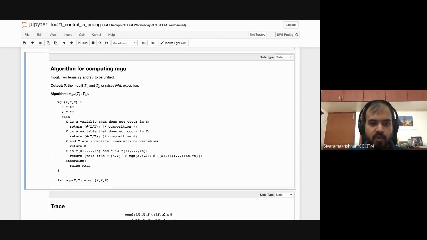So if x and y happen to be two compound terms with the same top function symbol and the same arity, then what you do is you fold over a list of pairs of x and y. Bear with me, just look at it. We'll go through an example to make this clear. The idea is that you take x1, y1, x2, y2, x3, y3, up to xn, yn, and then you fold over it.